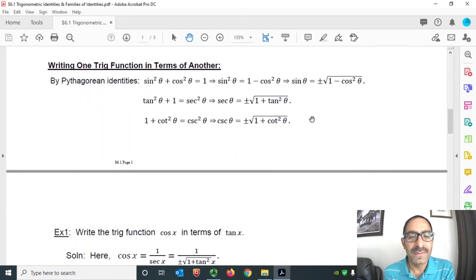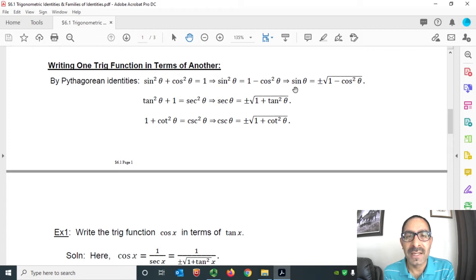Writing one trig function in terms of another trigonometric function. By the Pythagorean identity, we know sine square theta plus cosine square theta equals 1. We can manipulate this Pythagorean identity. Let's subtract cosine square theta from both sides, then this gives us sine square theta equals 1 minus cosine square theta. Then take the square root.